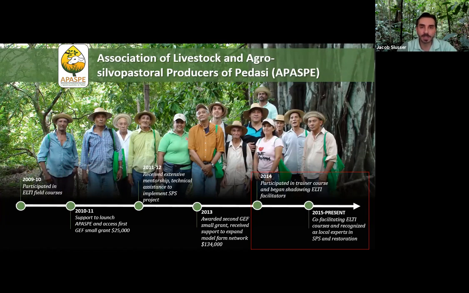So here again, looking at the timeline, in 2014, APASPE members were trained as trainers so they could develop the skills to articulate and disseminate their experiences and knowledge to a much more far-reaching audience in order to really ramp up the restoration capacity efforts that ELTI as an organization was facilitating in the Azuero region. And so in 2015, they began serving as co-facilitators of ELTI courses and have shared their model farms and knowledge with thousands of people, which we're going to be discussing later here in this presentation.